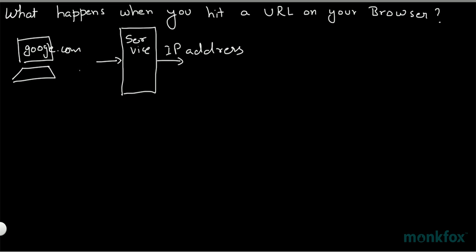So something which takes as an input google.com and gives you the IP address of the google.com server. Once you get the IP address, you can access any HTML document.